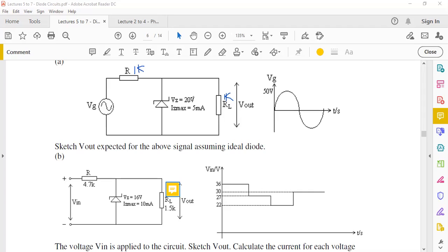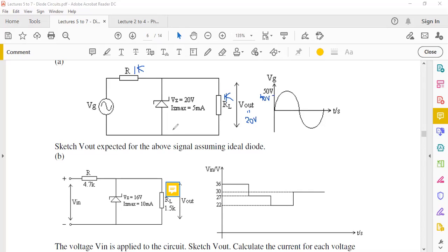Because we say it is half, if VG is 40, since it's going to be shared equally between these two, if they have equal resistances, you have 20 volts that would start appearing across V out, and that's exactly the breakdown voltage. So this is a very important threshold. This is where your diode will start going into breakdown and prevent the voltage from increasing further.